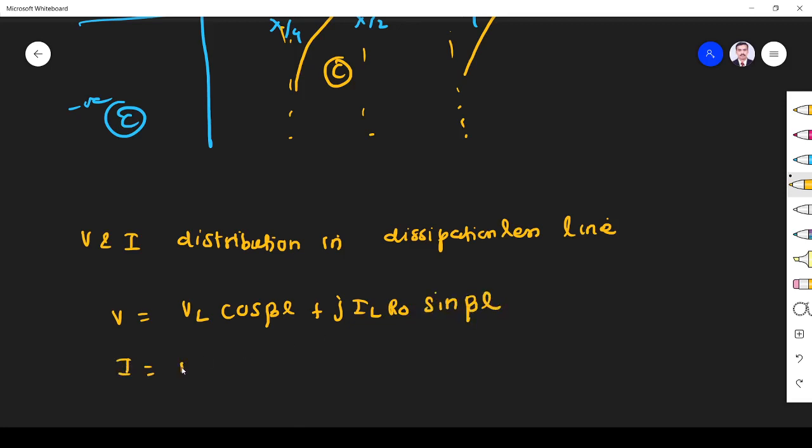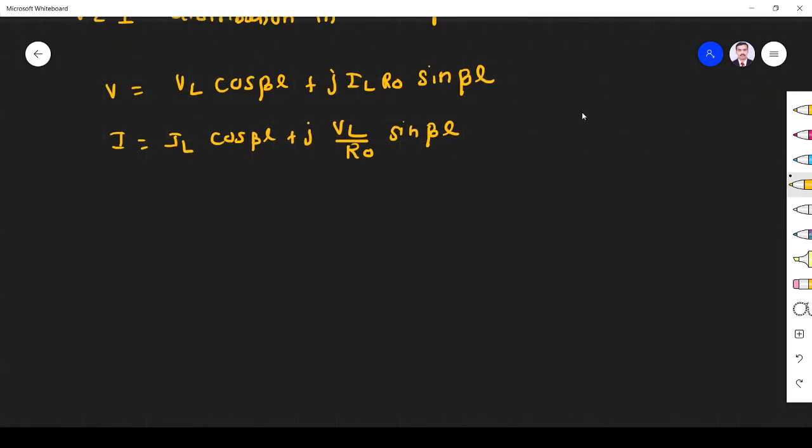Similarly, I = IL cos βL + j (VL/R0) sin βL. So this is a very important thing we must know.